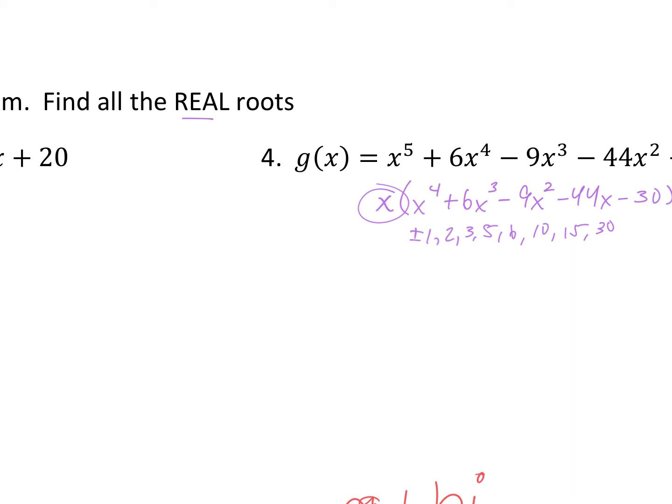Does that include the imaginary answers? No. If it just says find all of the roots, does it include the imaginary answers? Yes. Pay attention to what the directions say. If you raise your hand tomorrow and ask, am I supposed to find all of them, or that's part of what the question is asking, I'm not going to answer you.